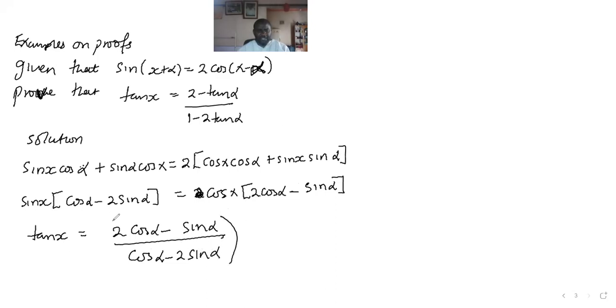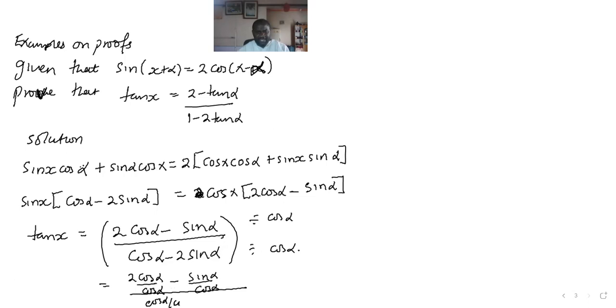Then divide the whole of this up by cos of alpha and down by cos of alpha. That is what we call introducing a useful one. So we shall have twice cos alpha over cos alpha minus sine alpha over cos alpha, over cos alpha over cos alpha minus twice sine alpha over cos alpha.